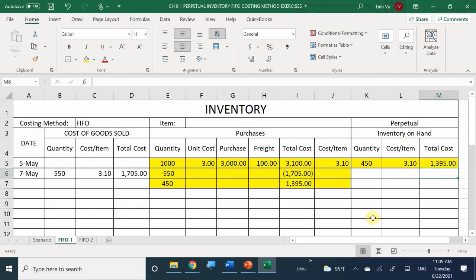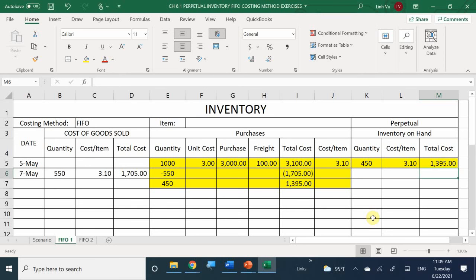Go ahead. Good question. Where you just lost me is why would you go back up to May 5th and change it? If on May 5th you started out with the thousand and everything was correct going across, the quantity didn't change until May 7th. Right. So at the end of May 7th, how much do I actually have left?